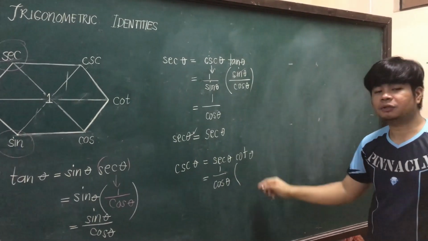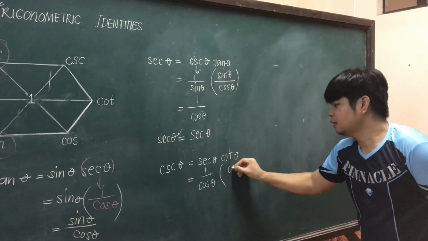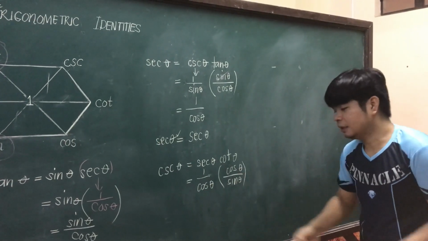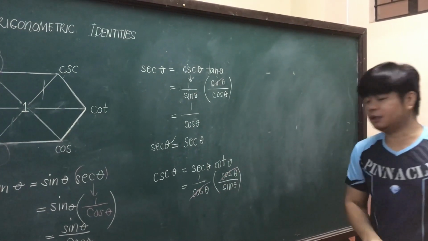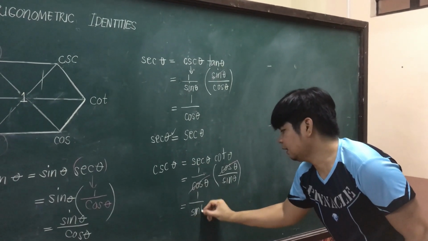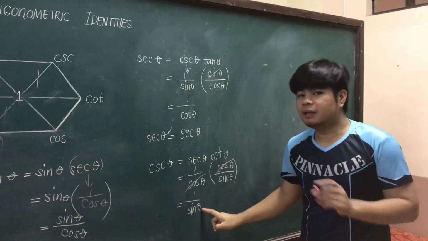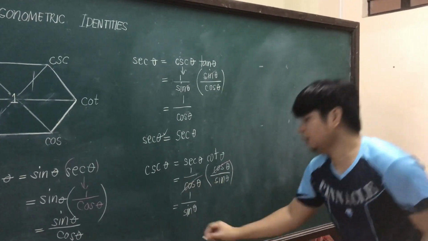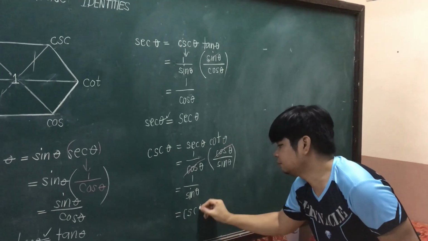Change cotangent theta to its quotient identity, and that is cosine theta over sine theta. We can now cancel or eliminate cosine theta. The answer is 1 over sine theta. And 1 over sine theta, by the reciprocal identity, is equal to cosecant theta. Okay? So they are just the same.